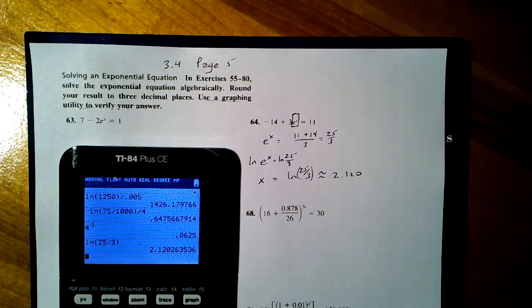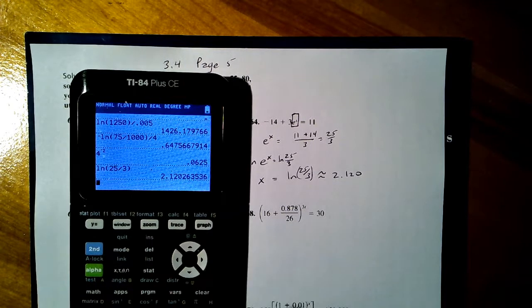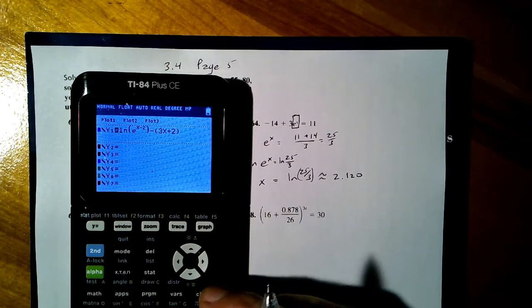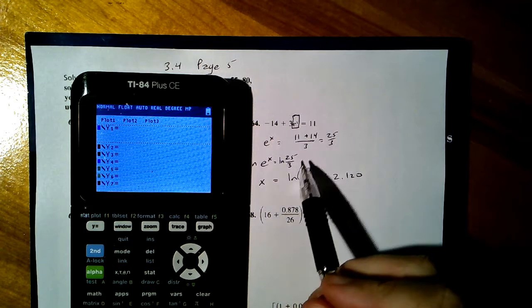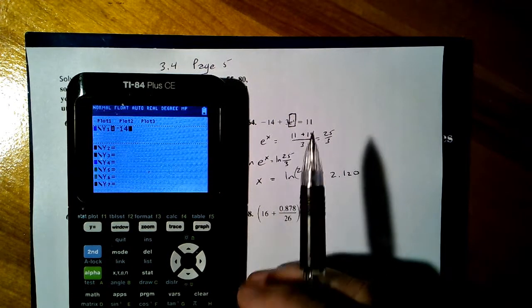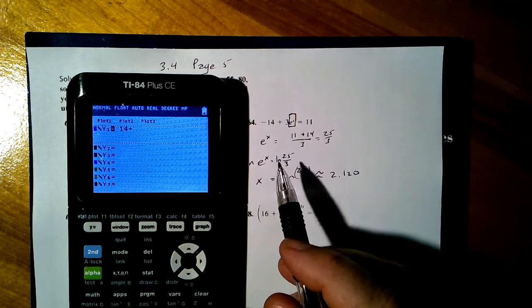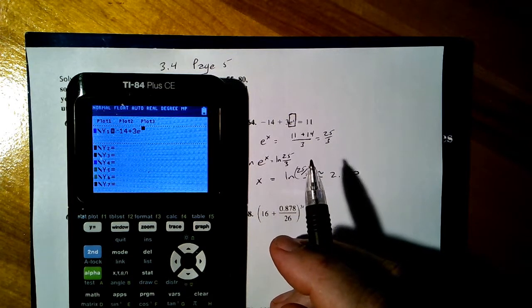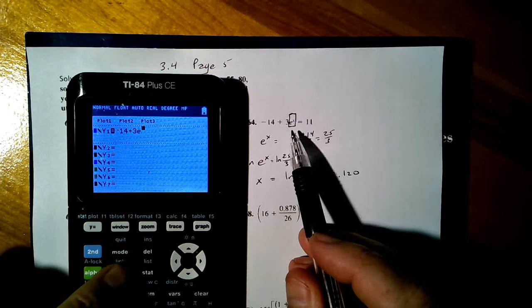Now, I don't care at this point if you don't do this with a graphing calculator. You can check your answers because I've got the answer key on the website. However, like I said, if you're taking a test and you have access to a calculator, at this point right here wouldn't be a bad idea to go y equals. Let's see. I'm going to graph negative 14 plus 3 e to the x.